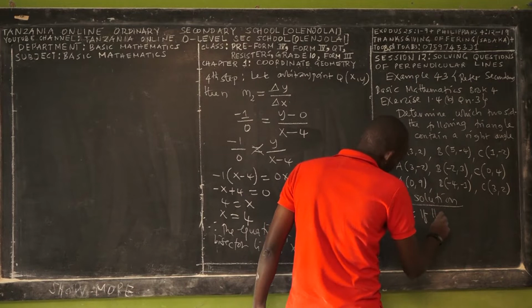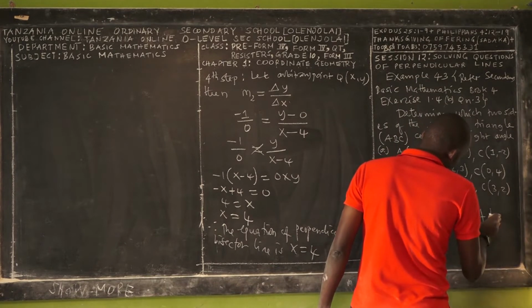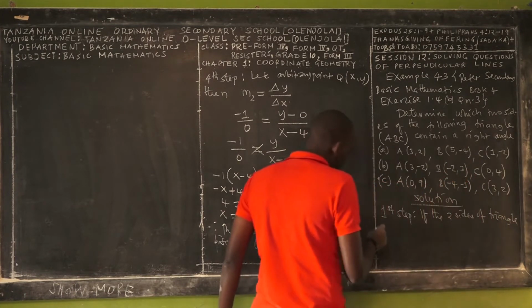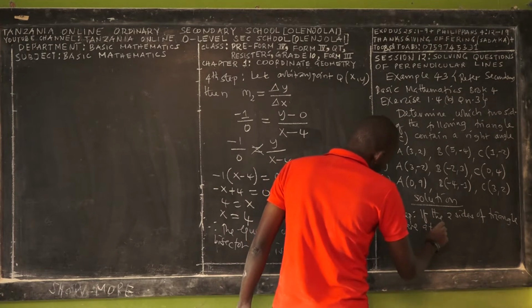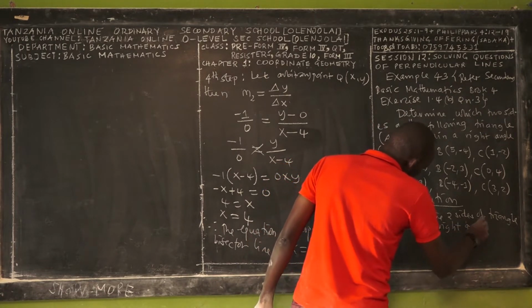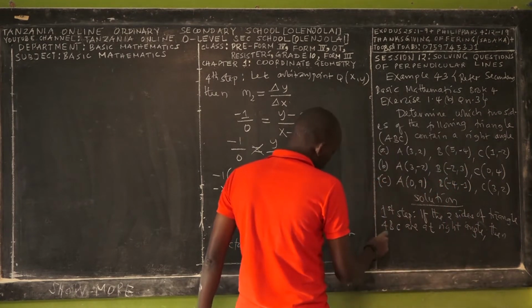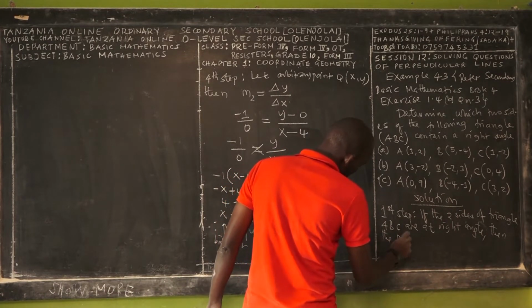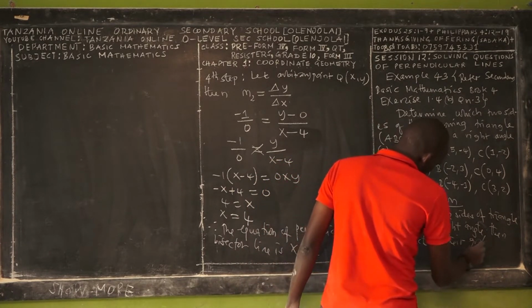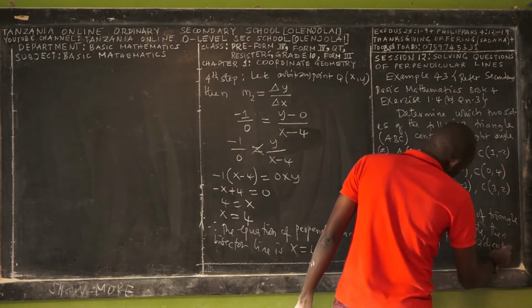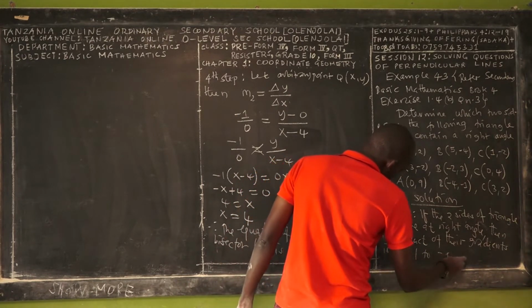So the first step: if two sides of triangle ABC form a right angle, then the product of the gradients is equal to -1.